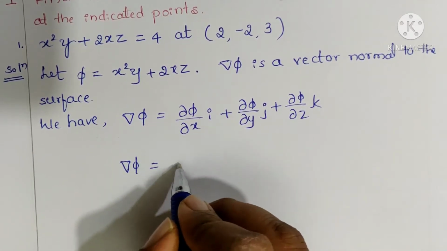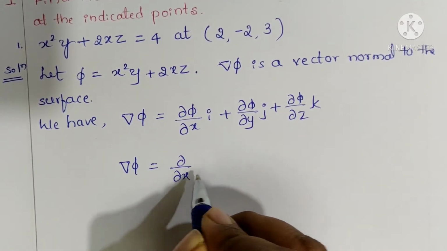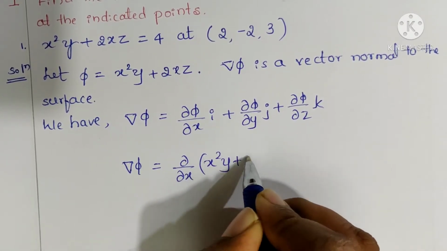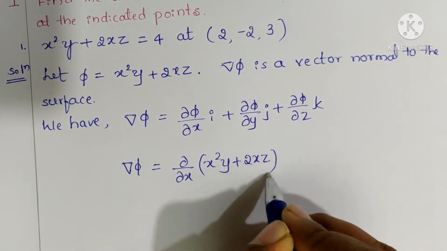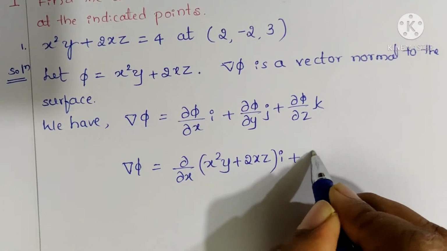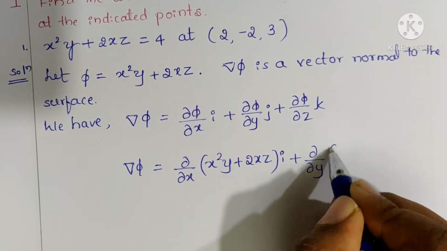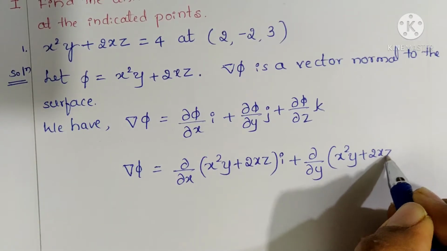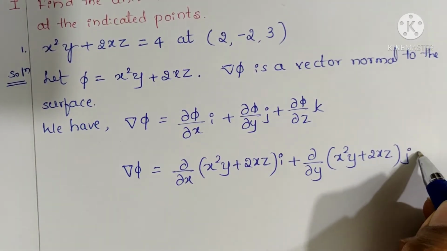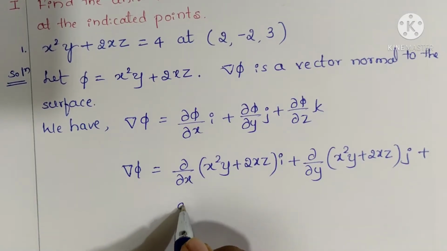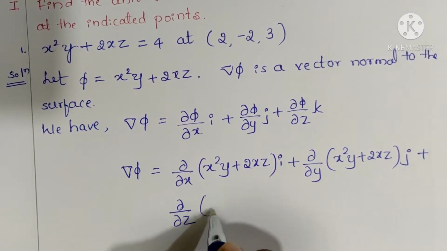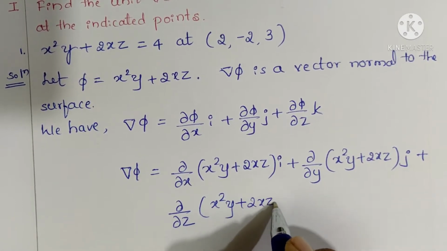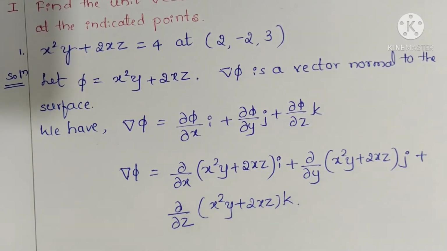Del phi is equal to dou by dou x of phi, and what is phi? x square y plus 2xz, into i, plus dou by dou y of phi, into j, plus dou by dou z of x square y plus 2xz into k.